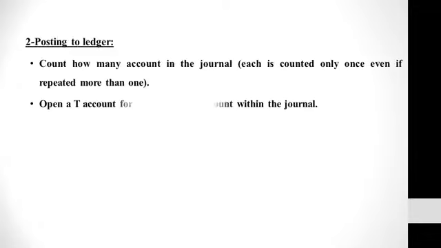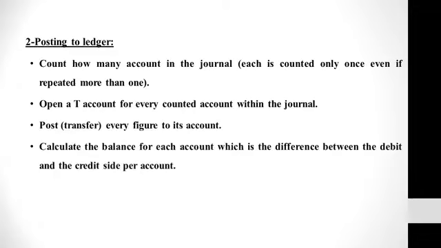So in order to post to ledger, we should follow certain steps. These steps start by counting how many accounts we have within the journal, and each account should be counted only once, because each account is going to have one corresponding T account within the ledger.